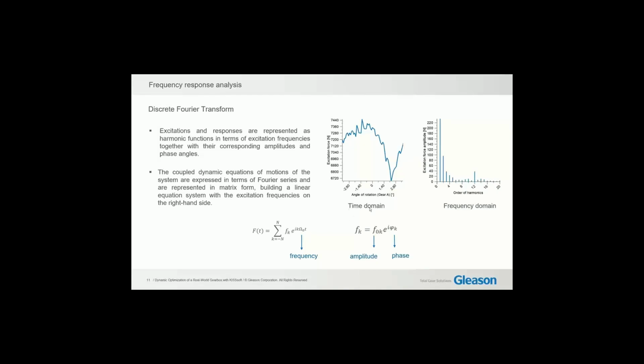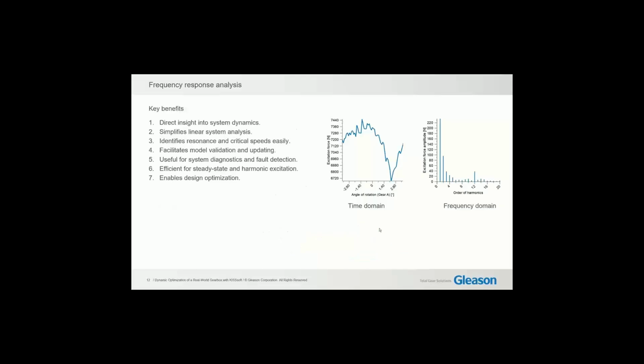Then when we transfer this function from time domain to frequency domain, we deal with the figure demonstrated on the right. Here we simply deal with frequencies, and corresponding to each frequency, we have amplitudes and phase angles. So if you look at this formulation, it's quite a simple representation from time domain to frequency domain.